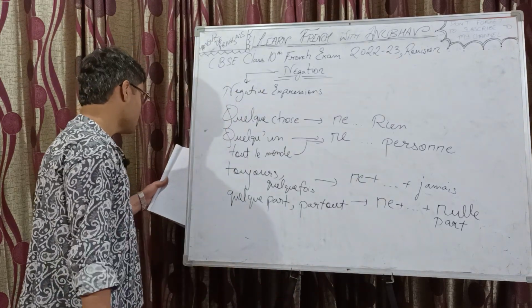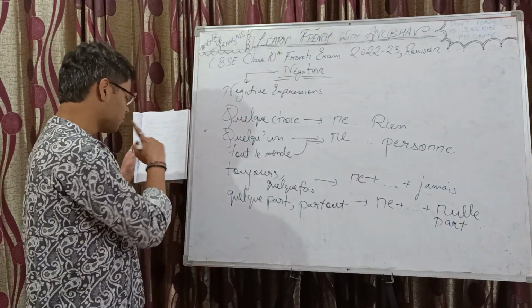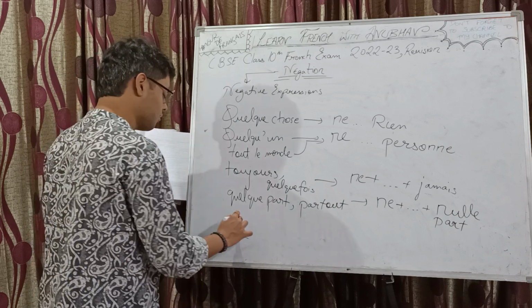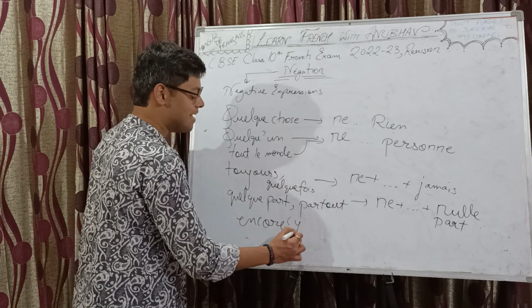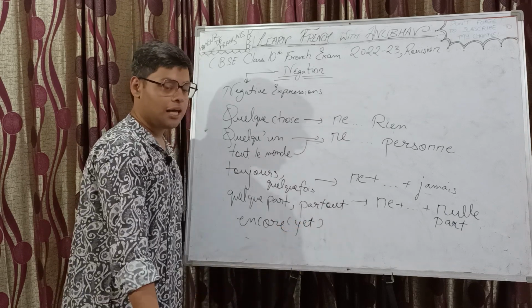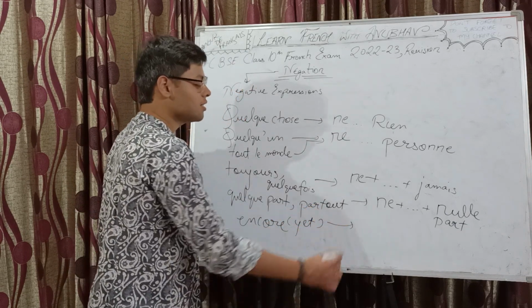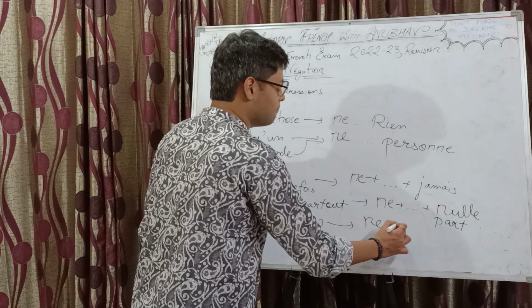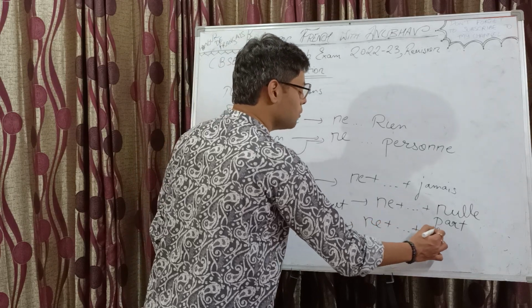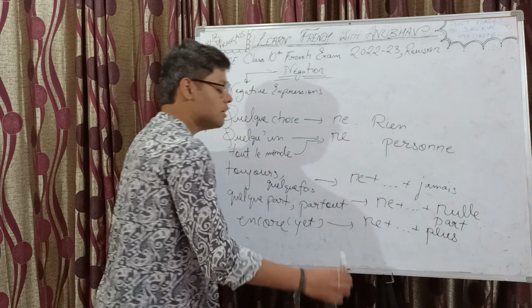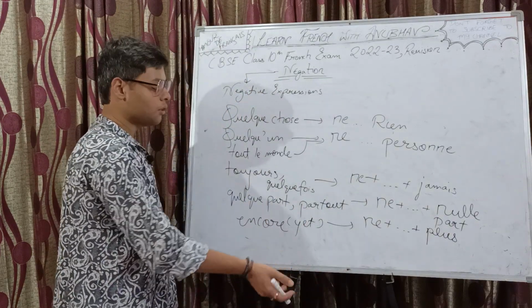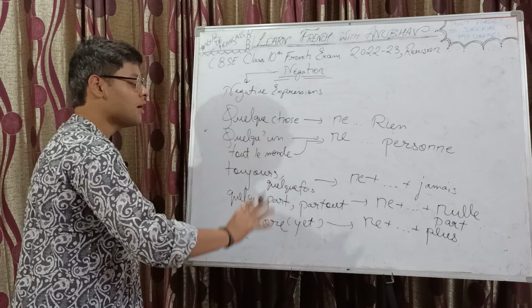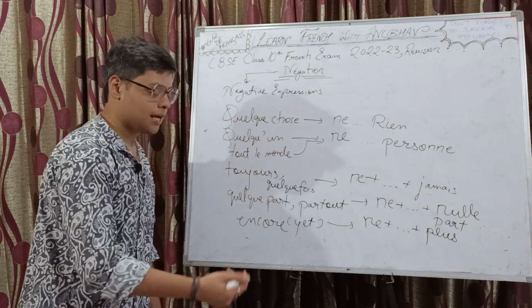Okay, nowhere. Then after quelque part, we can talk about encore. Encore means yet. Okay, negative counterpart, subject plus ne plus verb plus plus. Ne plus verb plus plus means no longer.